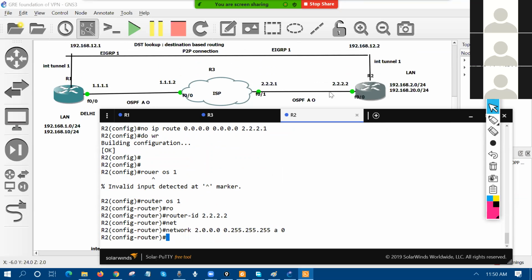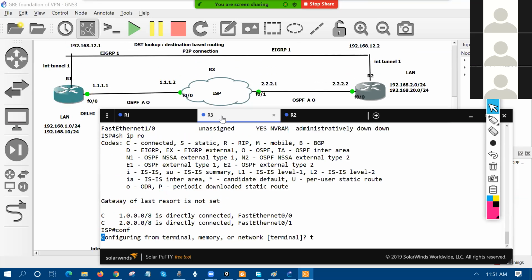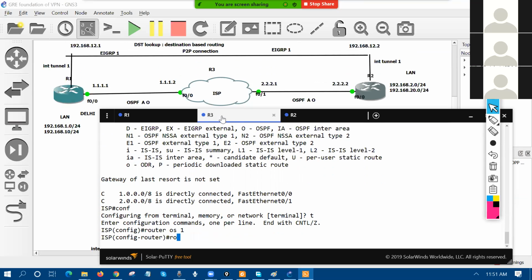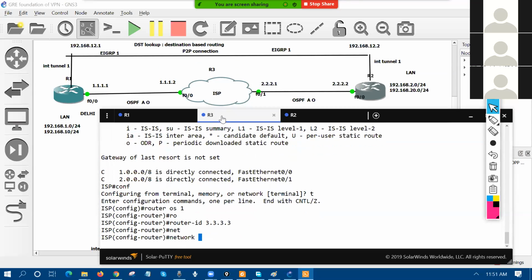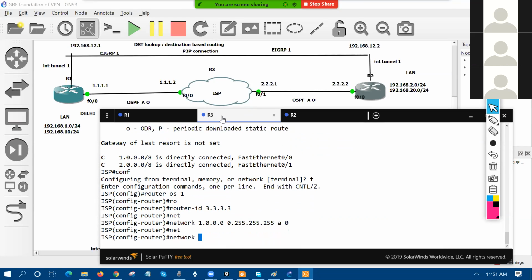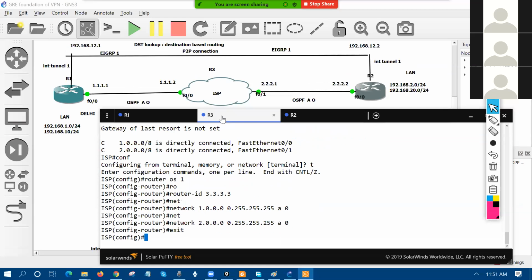This guy, I have advertised only the WAN interface. This guy, I have only advertised the WAN interface. On the ISP side, same thing. Area 0, network, area 0, and done.